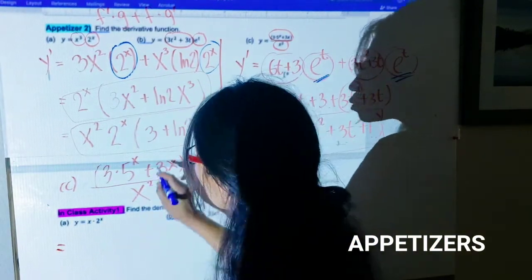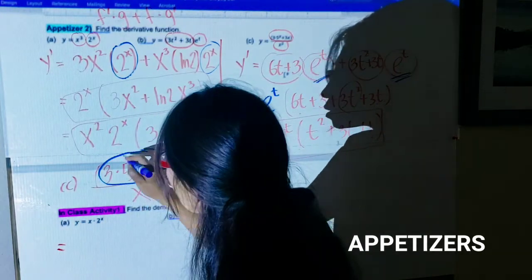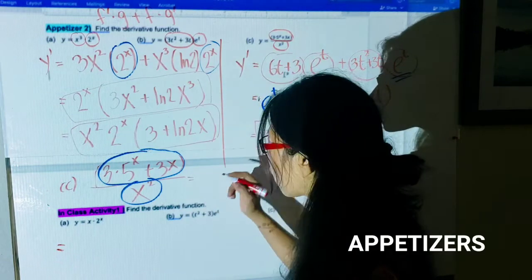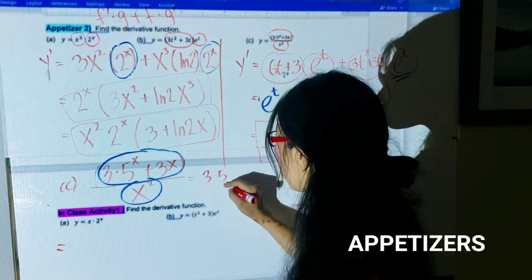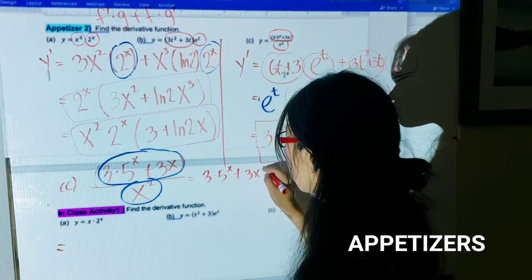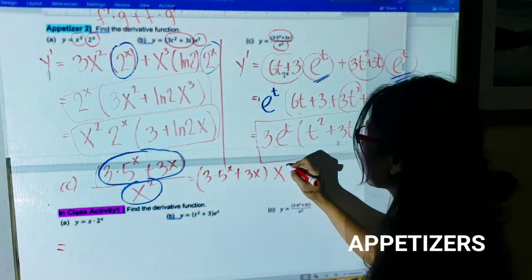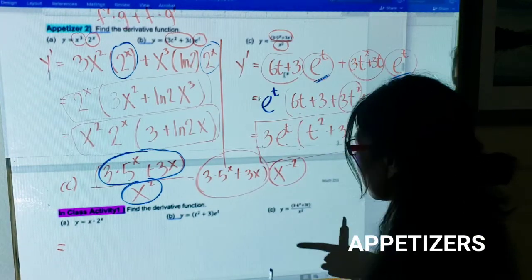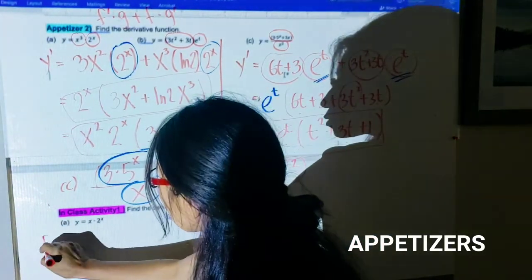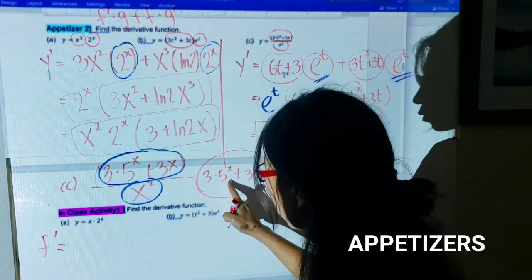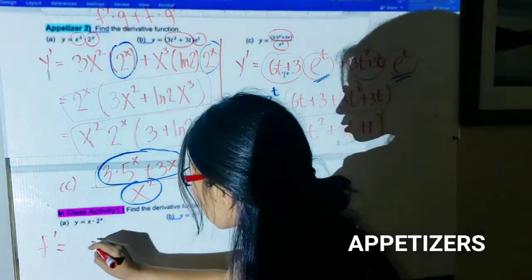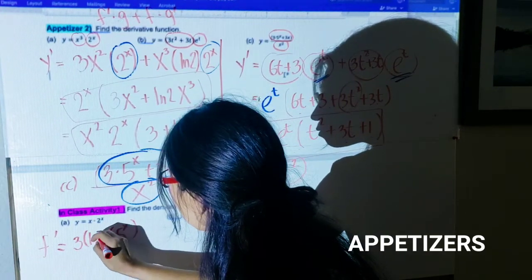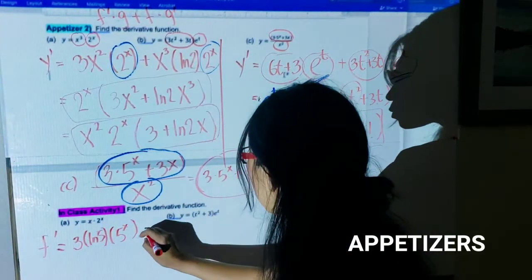So same way, this one and this one, actually I'm going to use the product rule, and I want you to see if I can get the same answer as back there. So can I write it x to the negative 2, right? So I'm using this one, and when you look at this, let's take a derivative. So take a derivative, that's going to be 3 times 5 to the x and ln 5, more parentheses better, plus 3.